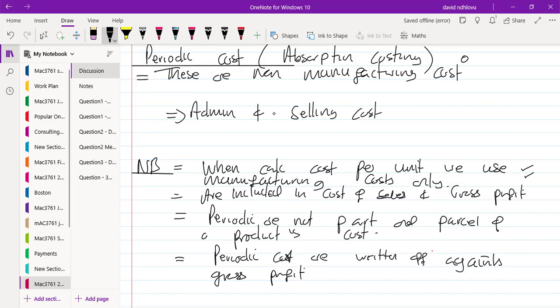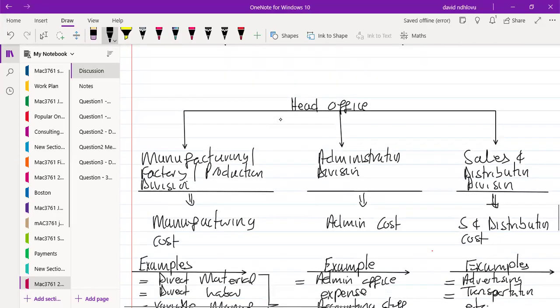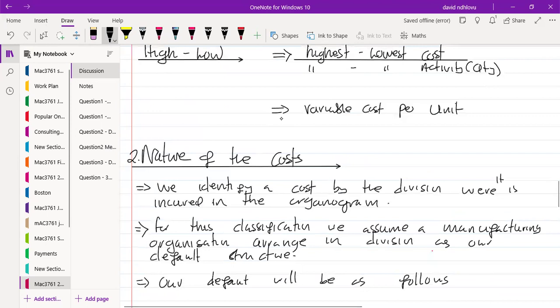But the periodic cost must never be included before the gross profit calculation. They are actually written off after you have calculated gross profit. So very, very important that you are able to explain that. So this is classification of cost according to the nature of the cost.